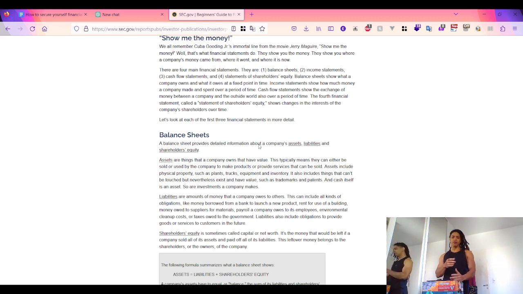Other examples of operating assets are intangible assets, such as patents, which provide exclusive rights to creators or inventors to make, manufacture, sell, and distribute their inventions over a period of time.